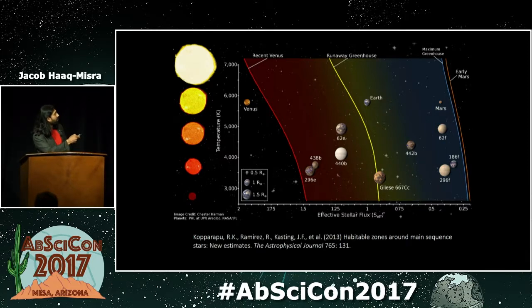The threshold, where it says maximum greenhouse, is the point at which the warming you get from the greenhouse effect of CO2 is outweighed by the cooling you get from Rayleigh scattering, because you have a very dense CO2 atmosphere. So this defines the outer edge of the habitable zone. Beyond that, your planet is basically an ice ball.